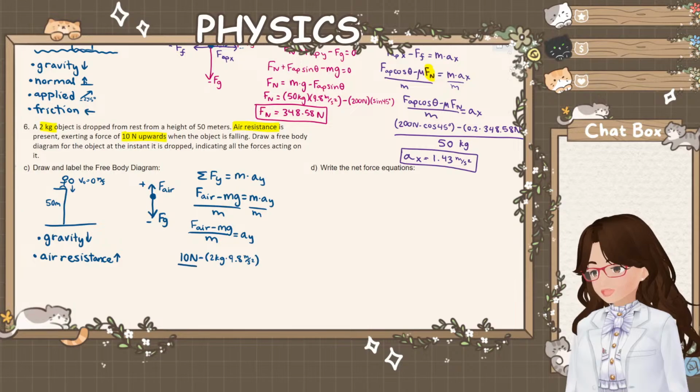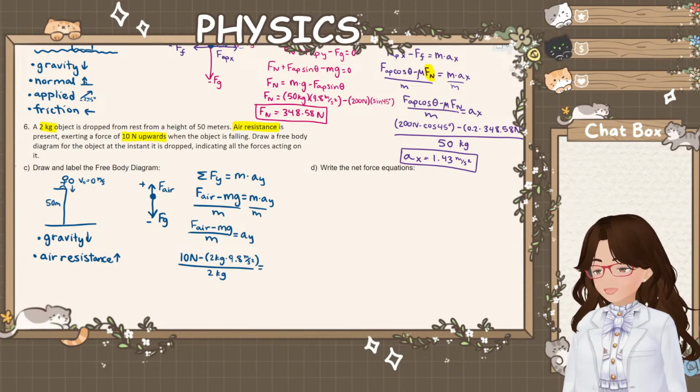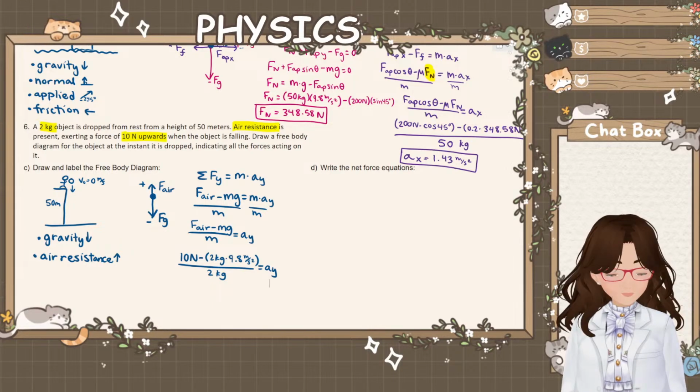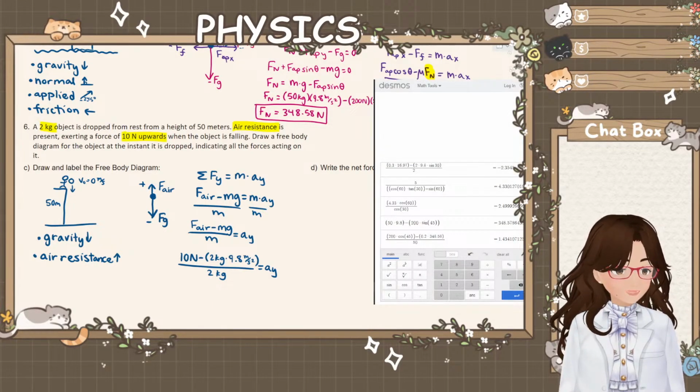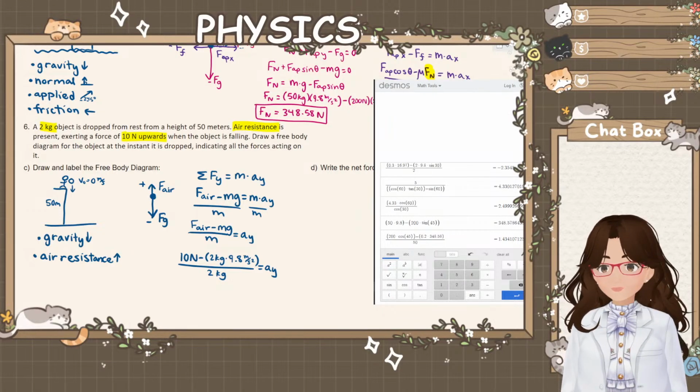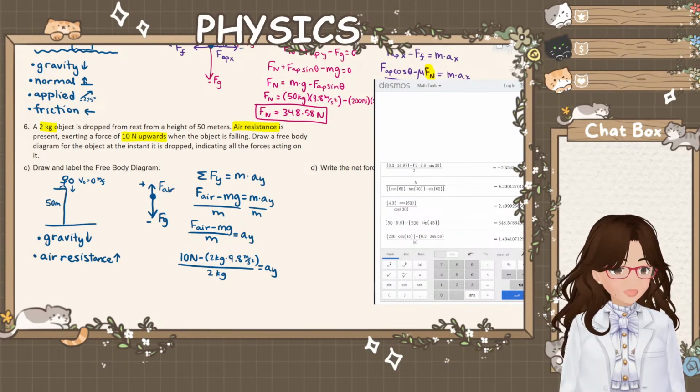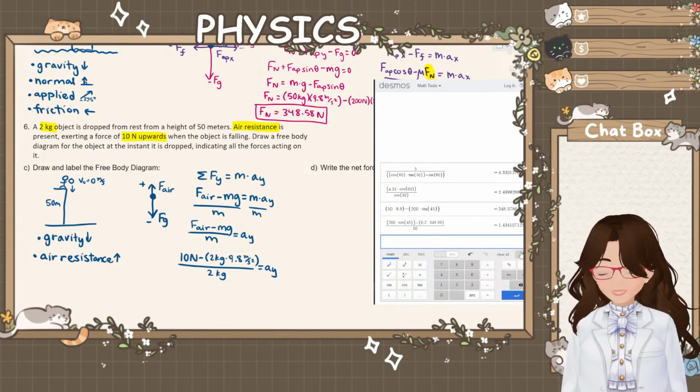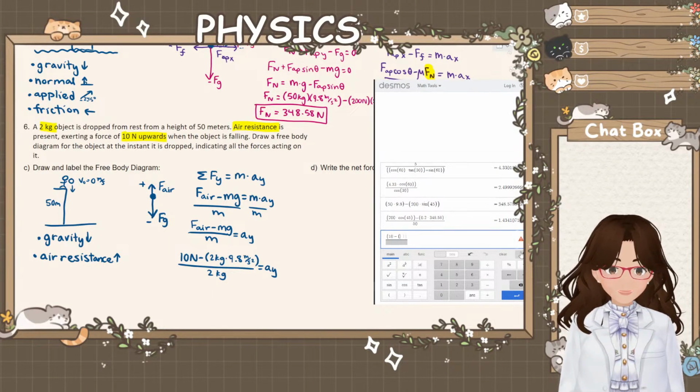And then we're going to go ahead and divide that by the mass of the object, which is 2 kilograms, to get our vertical acceleration. Now, bringing back our calculator, apologies, we're going to go ahead and apply it. So in this case here, I'm going to calculate by doing 10 minus 2 times 9.8. And then I'm going to go ahead and divide that by 2.